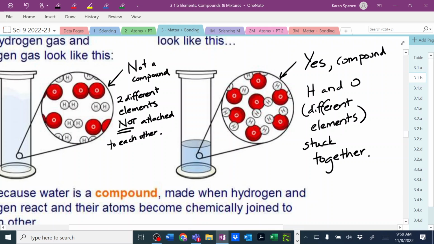So we have one of these that is a compound, one of these that is not a compound.